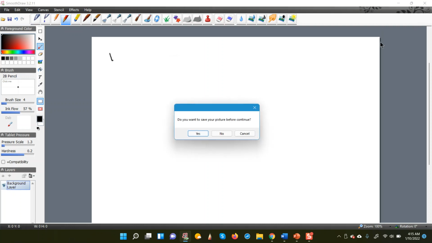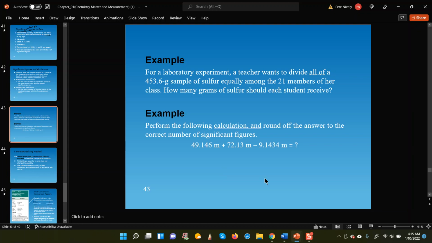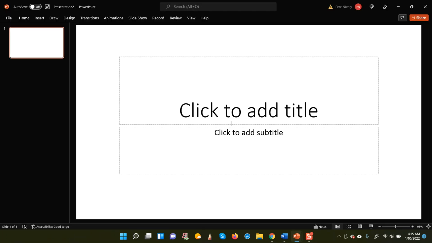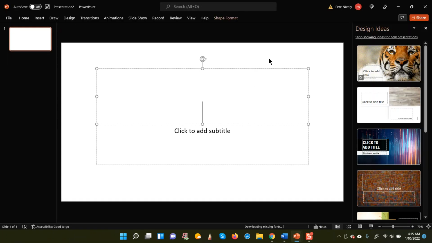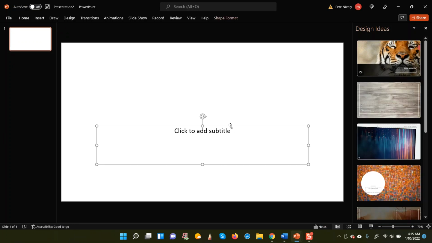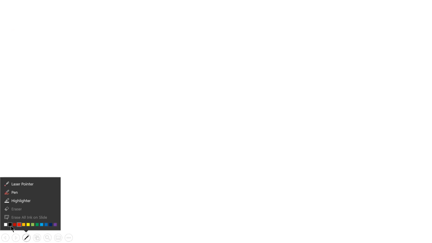I don't know what's going on with this particular application. So what I'm going to do is open up a new blank PowerPoint document and write on that. So let me get rid of this here, and then let me go full screen, and then let me choose my pen function.